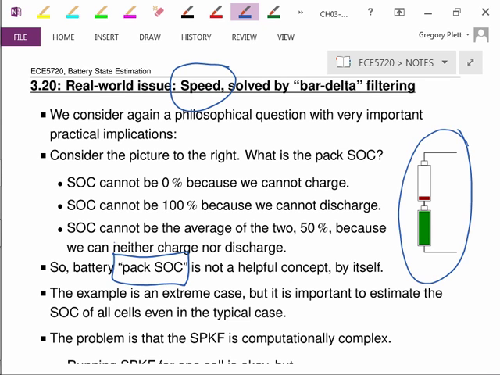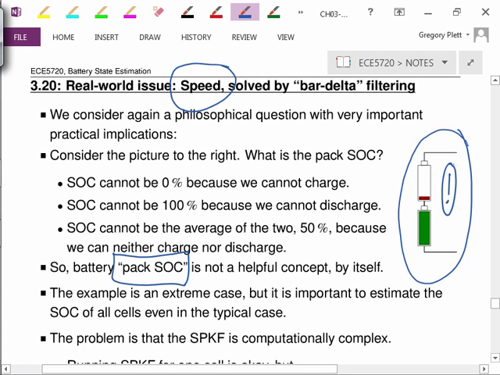So this is a straw man, right? This is some kind of an argument that we hope would never happen in practice, and in chapter 5, I think it is, we look at balancing a battery pack so that this would never happen this badly in practice.